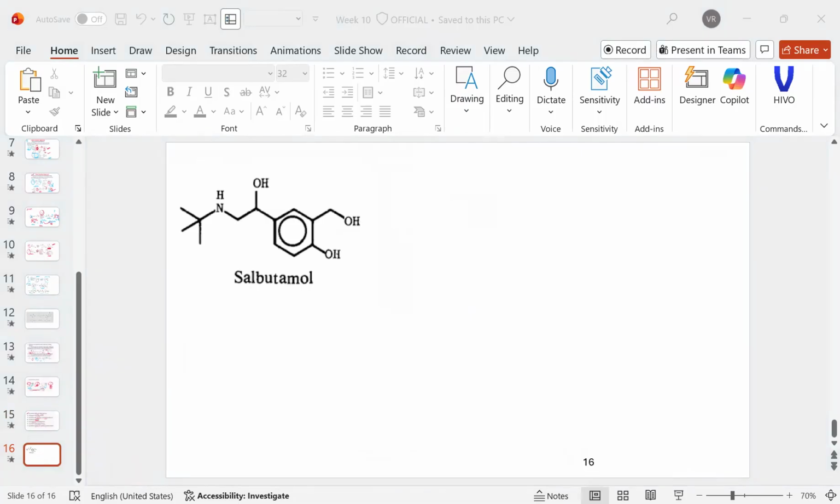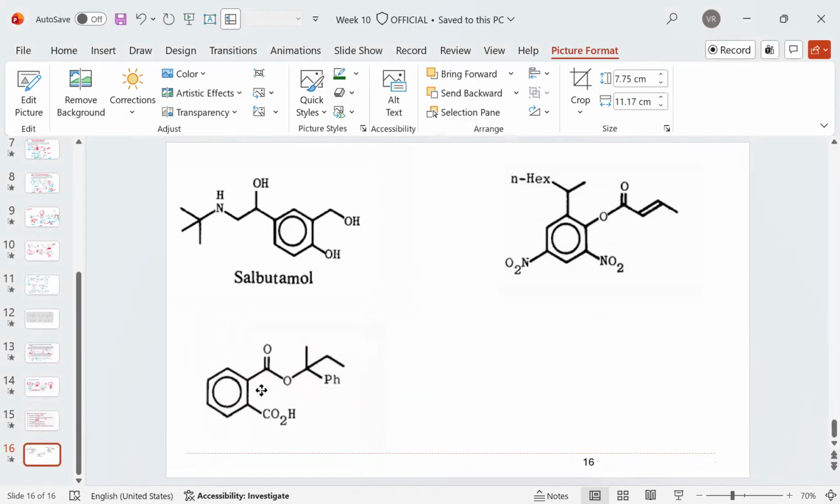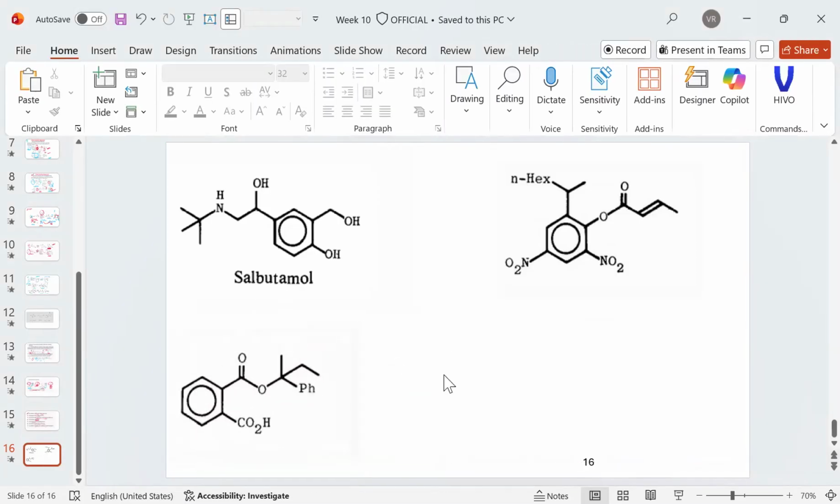Further, this is another example. Work on the retrosynthesis of this example as well. This is the third example.